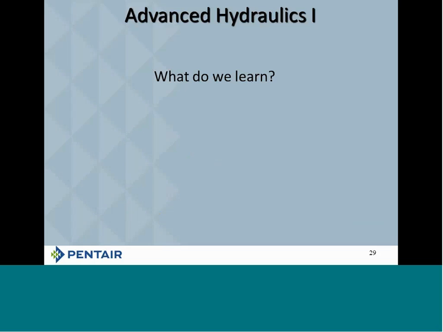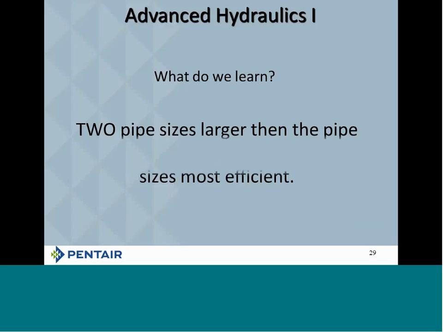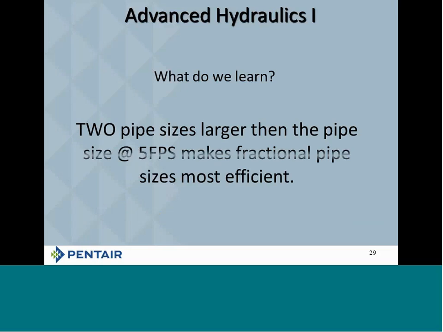Now watch the wording on the answer here. We just learned that two pipe sizes larger than the pipe size at 5 feet per second makes fractional pipe sizes most efficient. Makes fractional pipe sizes most efficient. And this is very important to understand, okay?